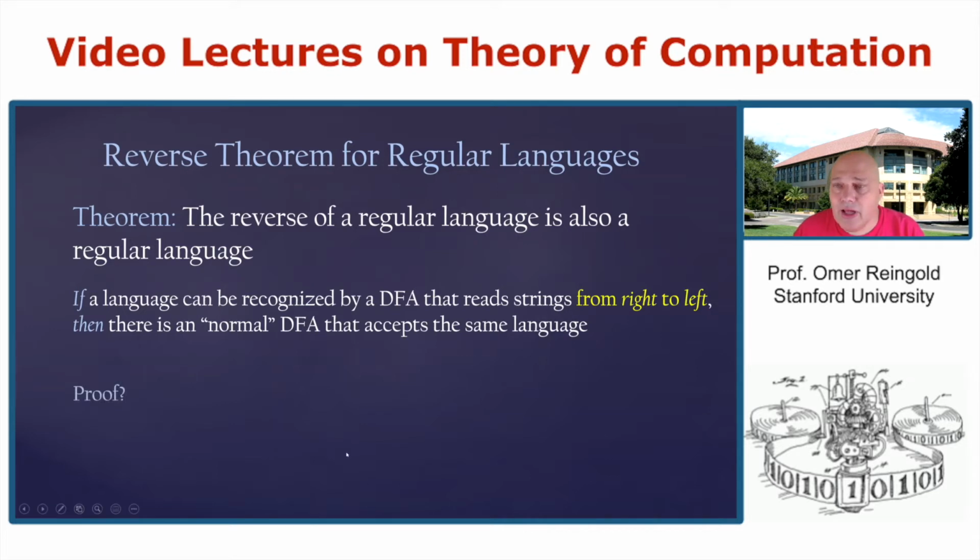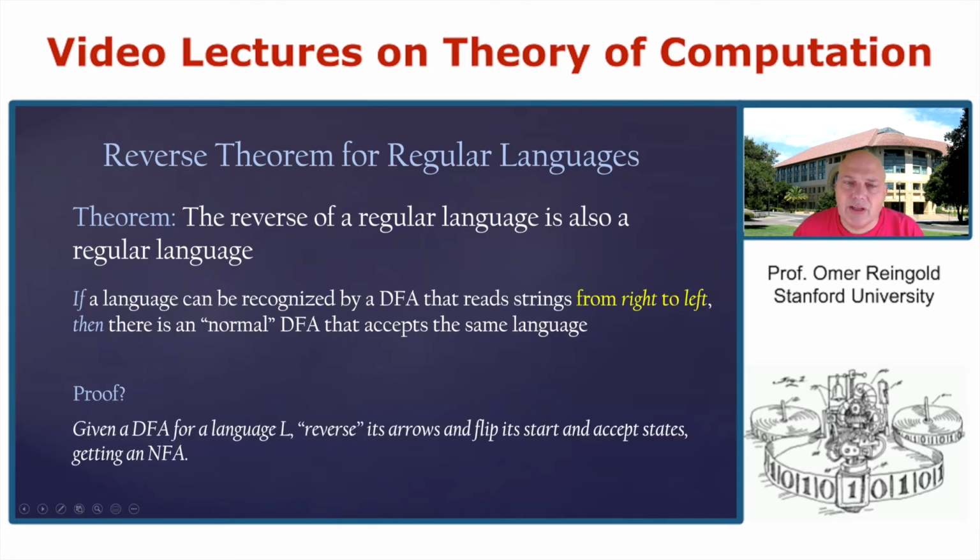And the proof now with the machinery that we have is not very difficult. Given a DFA for the language L, you can reverse its arrows, flip its start and accept states, and this will give you an NFA. It's not hard to prove that this NFA accepts exactly the right language, exactly the reverse language.